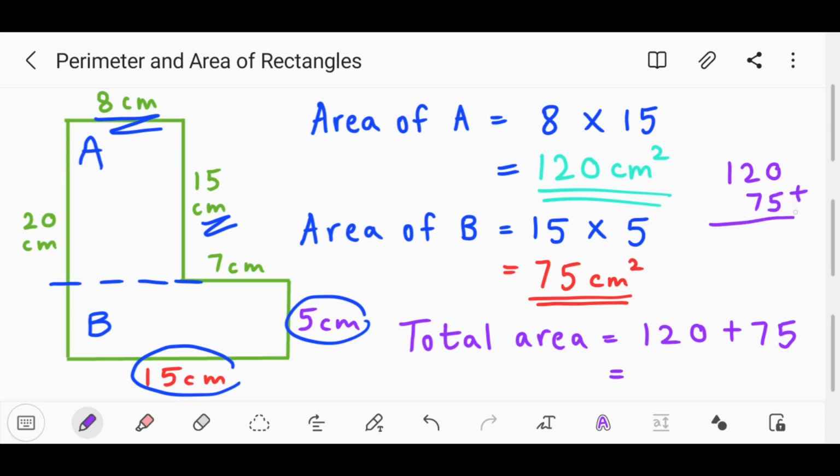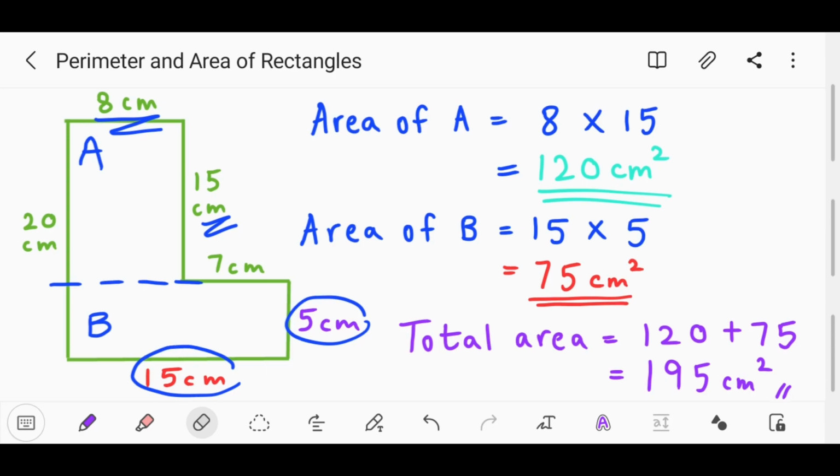So 0 plus 5 is 5, 2 plus 7 is 9, and 1 plus nothing is 1. So our answer is 195 centimeters square. What do you think? Wasn't that easy?